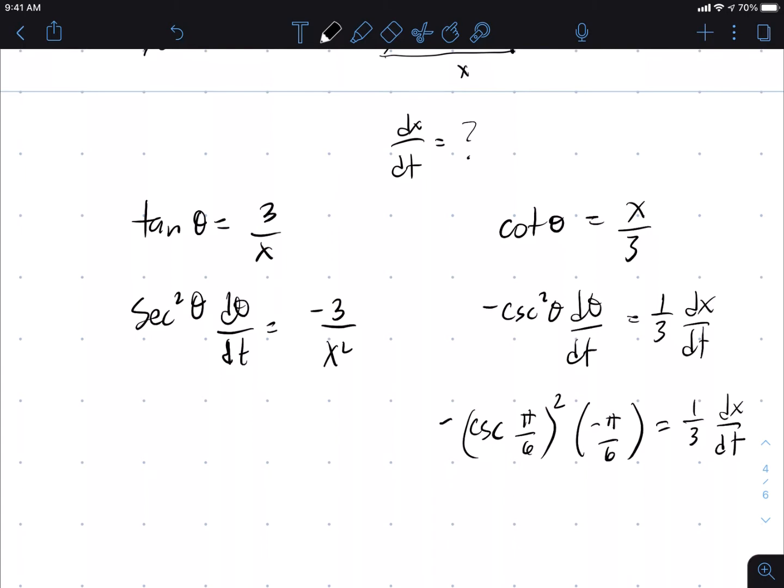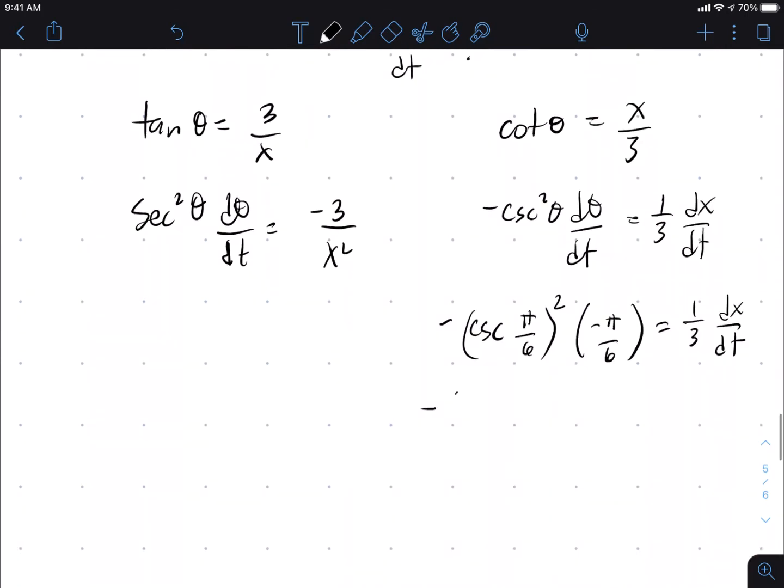Isn't it 1/2? Right? It's 1/2. So then I'm going to get a negative 2 squared times a negative pi over 6 is equal to 1/3.